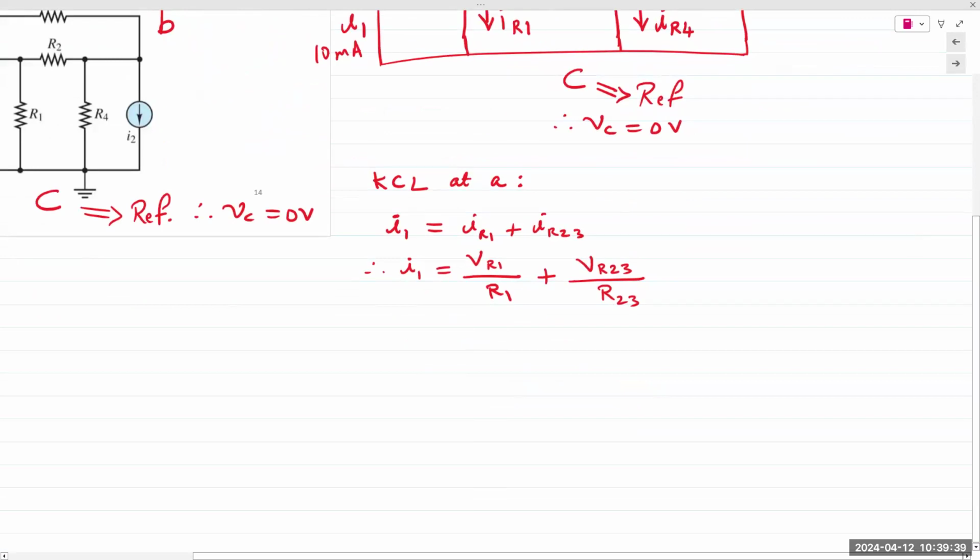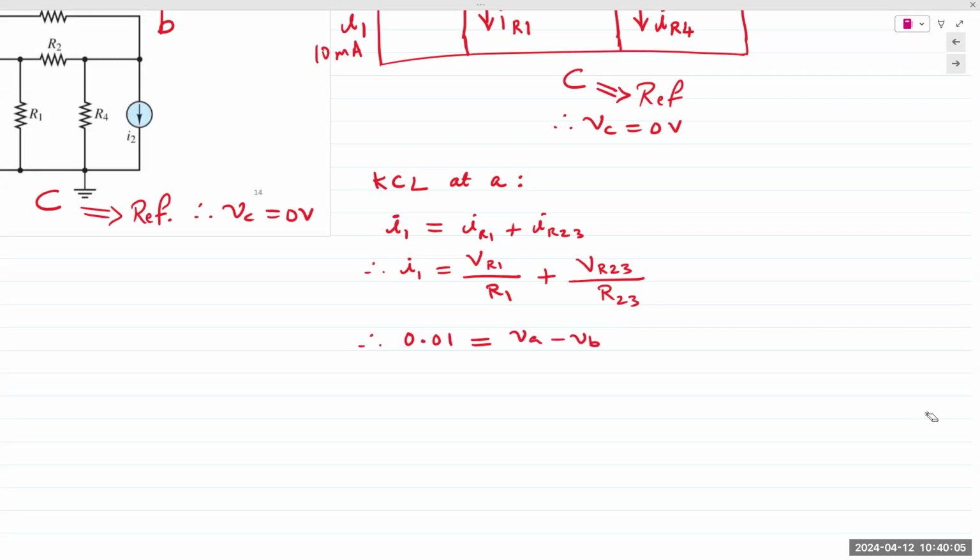Then at this point, I will substitute the resistor voltages with the node voltages. And at the same time, I will also plug in all the known values that are given to me. The known values are the value of the current source. So I1 is 10 milliamps. So it's 0.01. VR1 I can express as VA minus VB.